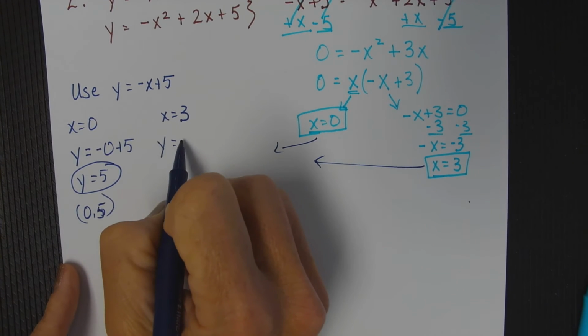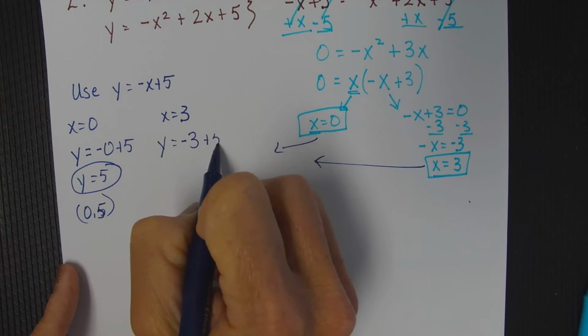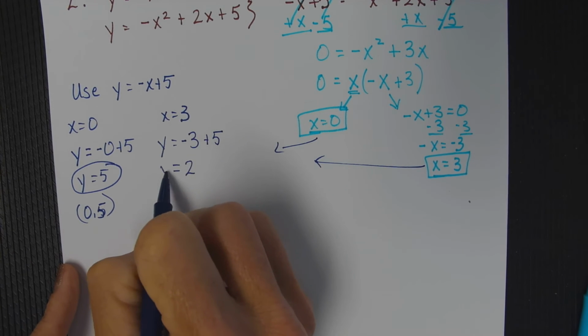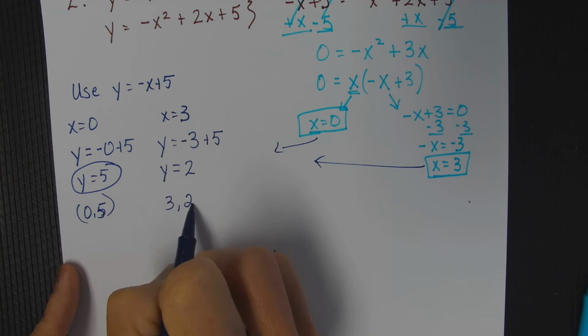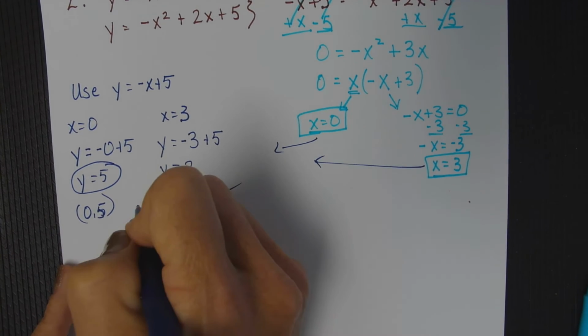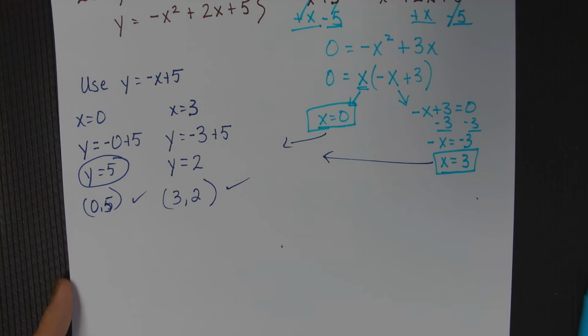And you have y equals negative 3 plus 5. Y is equal to 2. So you have 3, 2. Check and check. Same answer, 2 different ways.